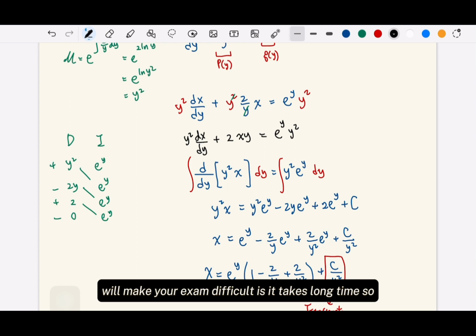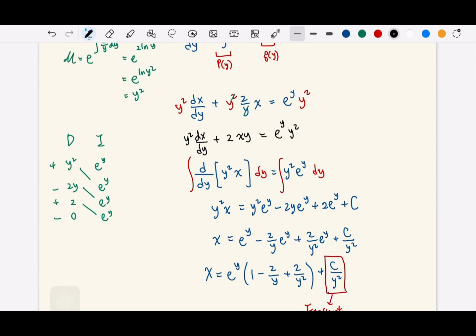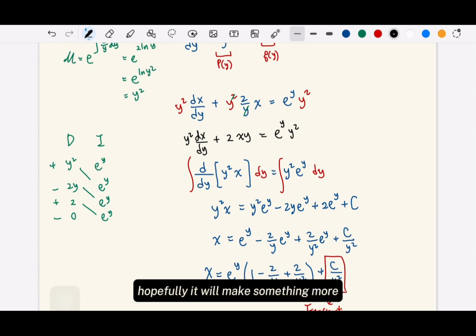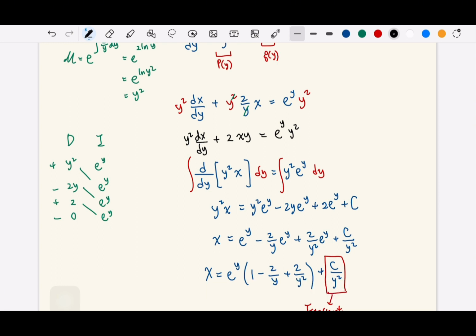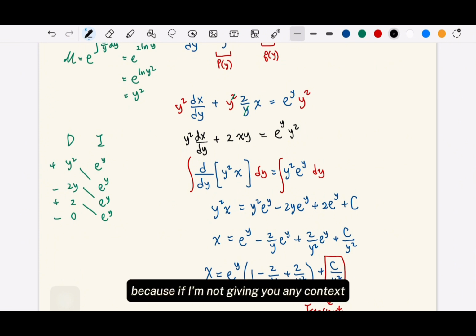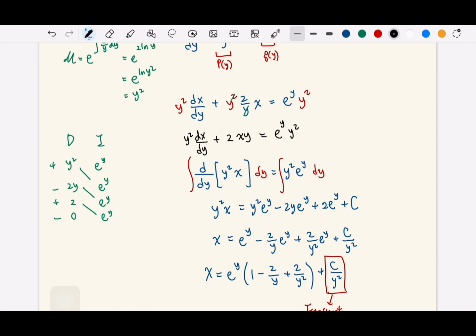So that's why I'm asking you to prepare the A4 notes, hopefully it will make things easier for you. Because if I don't give you any context, then you need to think which method, and your time will run out.